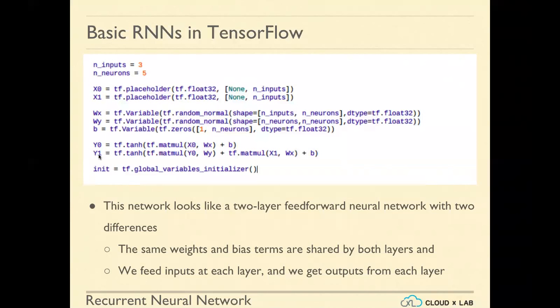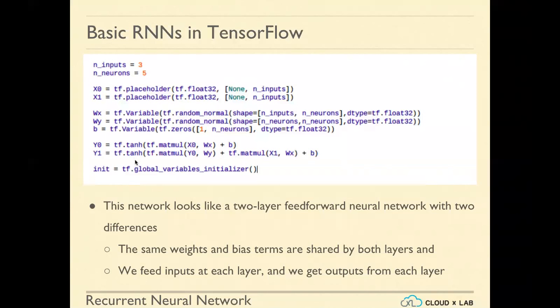But when we compute the output for the second one, Y1, we have the new input X1 multiplied by Wx plus b, and then we multiply Y0 with Wy, and sum all of it.